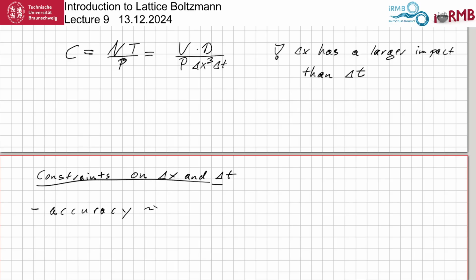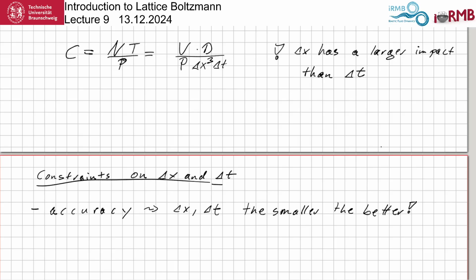Because, in principle, it means delta x, delta t, the smaller the better. It is not easy to really assess the accuracy of what you are doing, because it's difficult to know what your accuracy is.